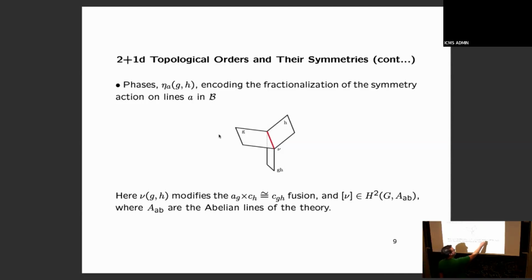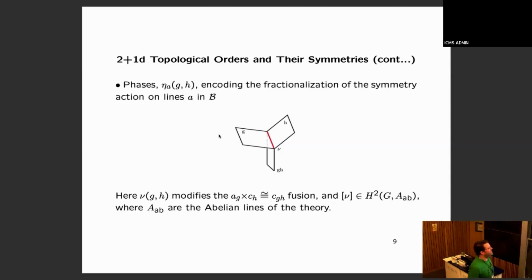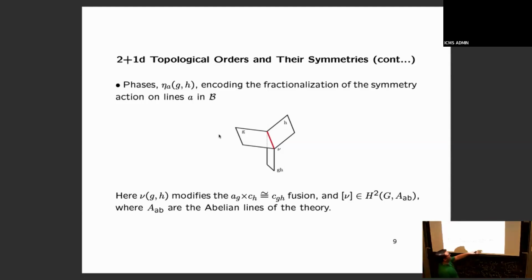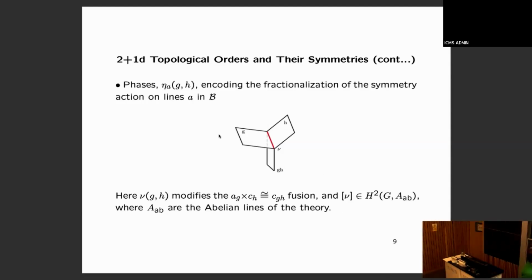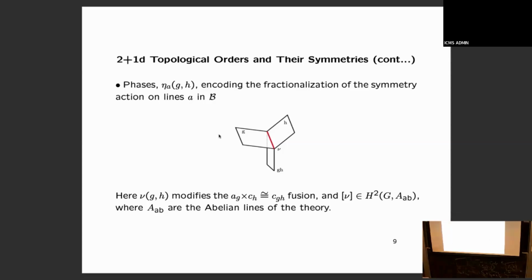And this is specified by some class in H2(G, A_ab), where A_ab are abelian lines. For example, this line nu that I have here is an abelian line in the theory. So this is called the symmetry fractionalization, and it's another piece of cohomological data that defines the G symmetry action on the lines.